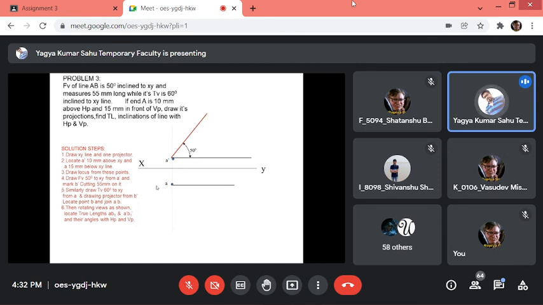Line inclined at 50 degrees passing through A dash, of length equal to 55, which is given. So this is the final front view, A dash B dash. Now drop a projector line at B dash and draw a line inclined at 60 degrees from A. This is nothing but the final top view. Now what can you do from here? We got the final top view.